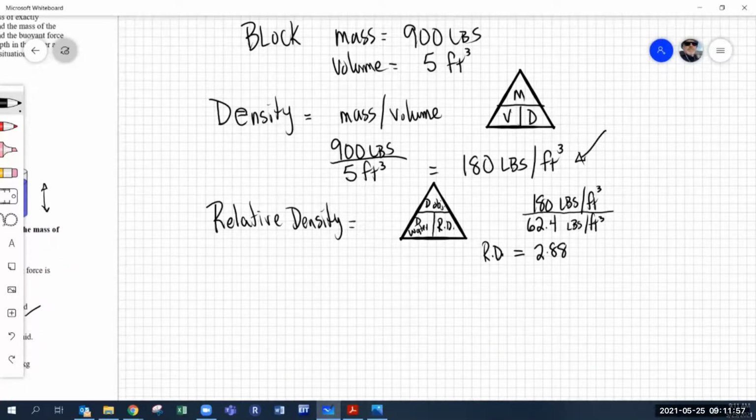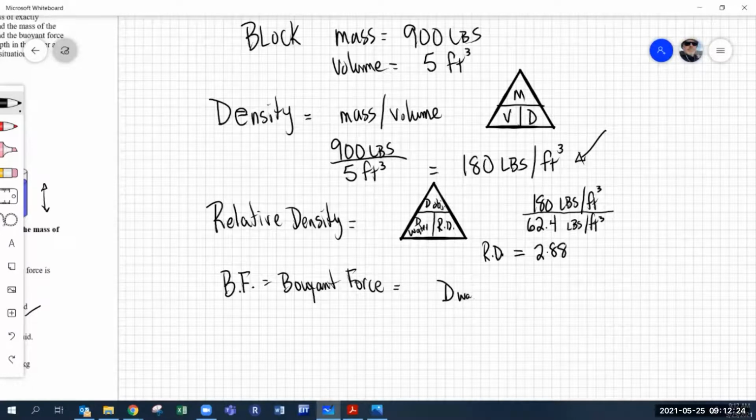The next question I want to ask you about this is, what is its buoyant force? The buoyant force is calculated by taking the density of water and multiplying it by the volume of the object.